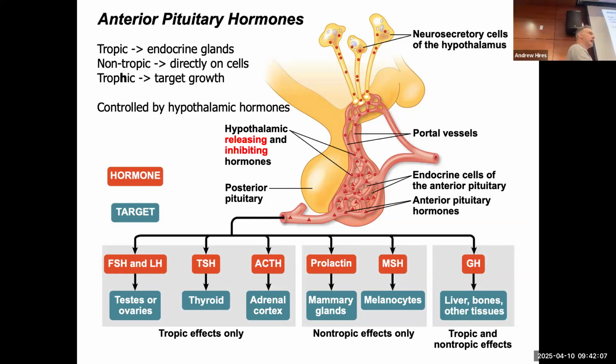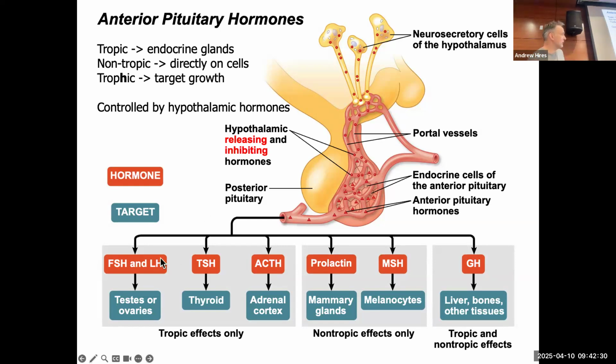And each one of them is going to release distinct hormones that are going to act not on the whole body necessarily, right away, but act on specific cell types within the anterior pituitary gland. So these are going to be hypothalamic releasing hormones and inhibiting hormones.